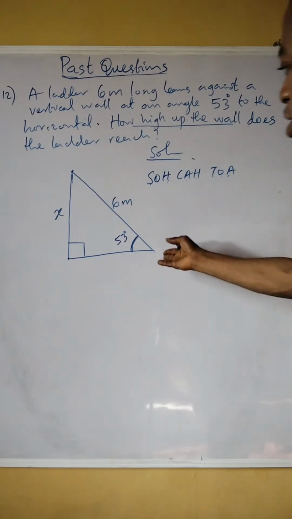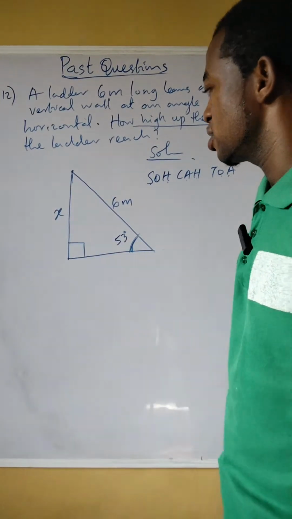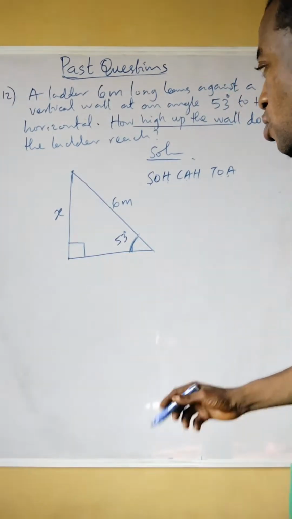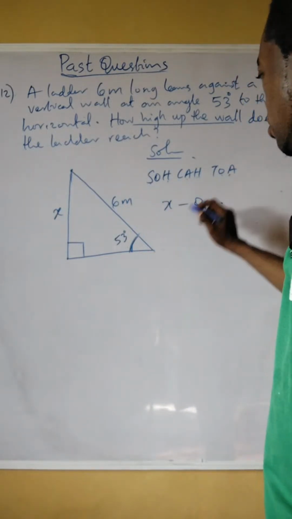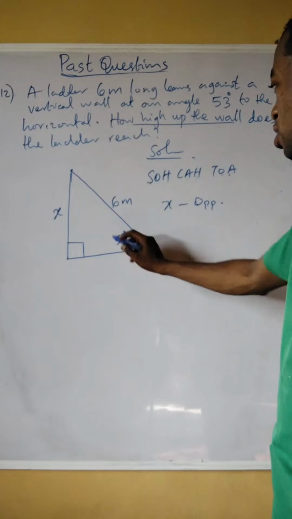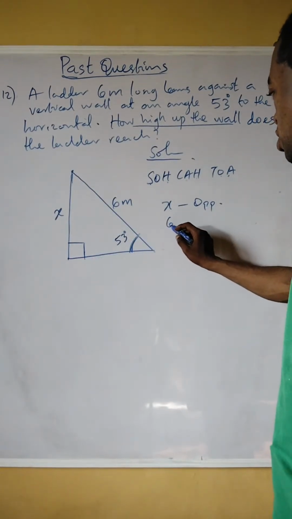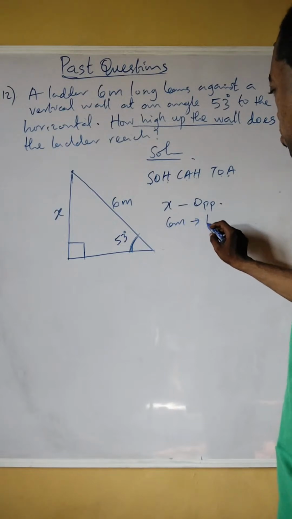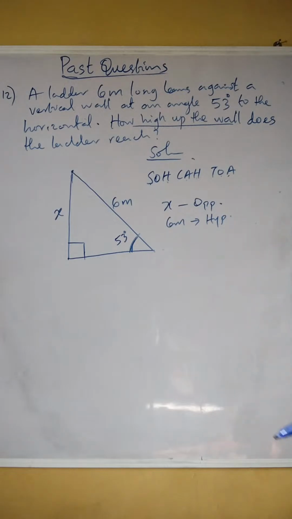So which one is applicable here? You have this angle here. The one you are finding is facing this angle. So x here is the opposite, because it's facing the angle. Now you have 6 meters here and it's facing the right angle. So 6 meters is the hypotenuse. The side facing the right angle is always the hypotenuse.